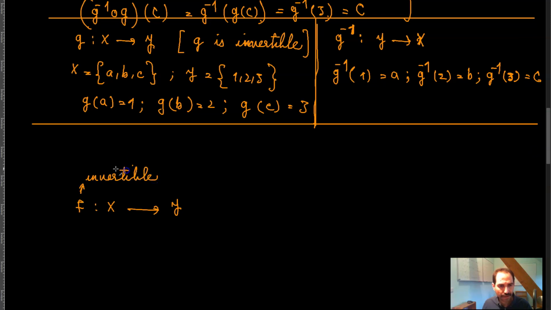Let's suppose that F is invertible, meaning that I create some set X over here as, for example, 1, 2, and 3.